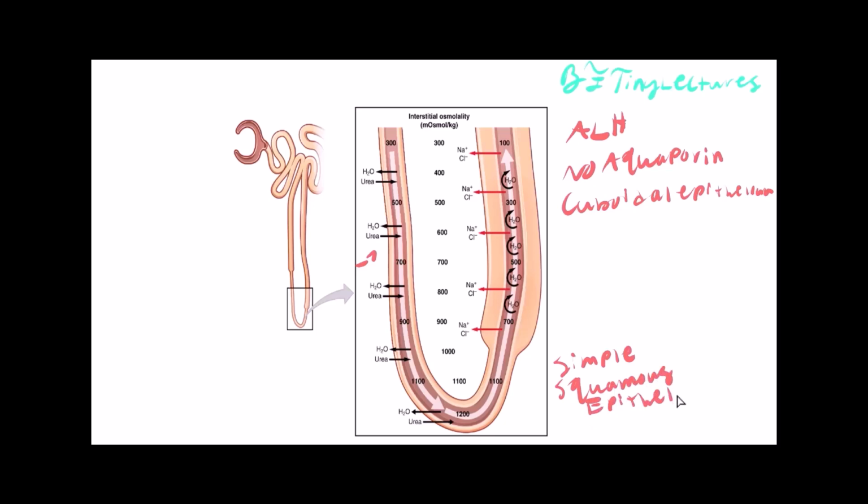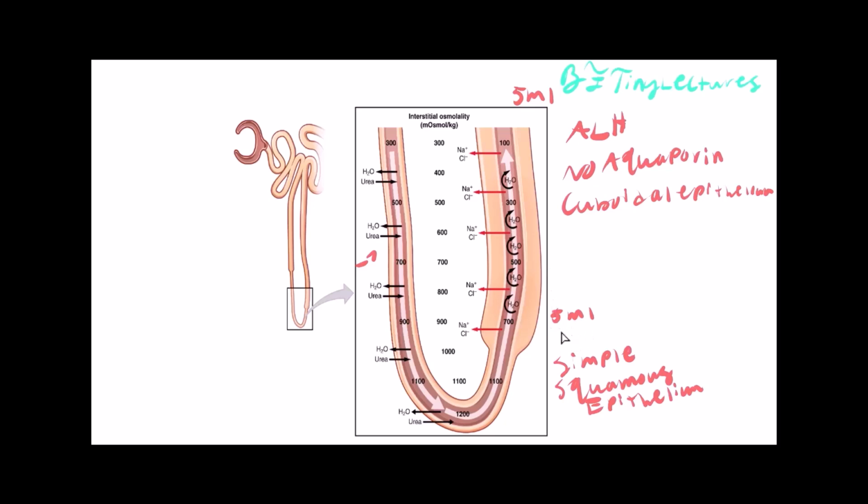Well, why is this important? Well, it's important because if we don't have any water leaving and we have ions leaving, we're going to be decreasing the solute concentration. And as we keep going upwards, we're going to be increasing the amount of water that remains. So if we have 5 milliliters of water right here, we're still going to have 5 milliliters of water as we go up.